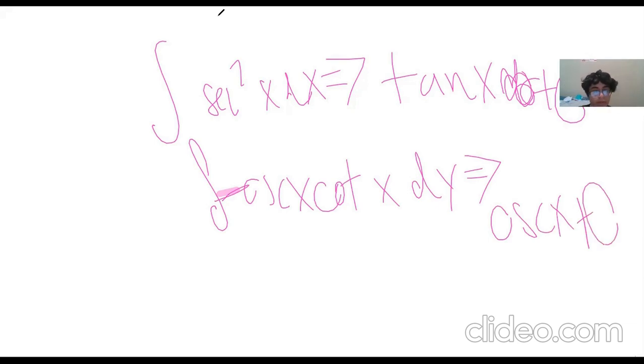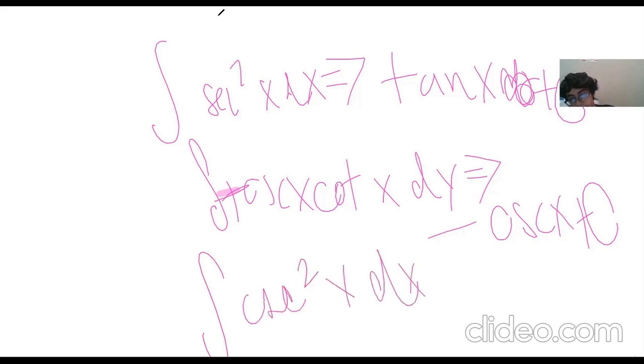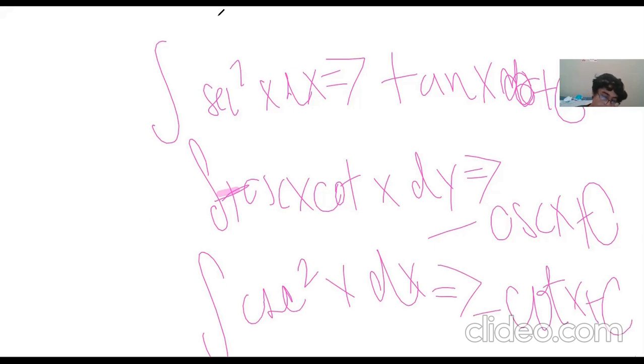And if this were positive, this would be negative, right? Okay. And negative cosecant squared x is just cotangent x plus c, but don't forget the negative because that's how it appears. But if this were positive, this would be negative, right? And you can do the whole derivative of this to check my logic.